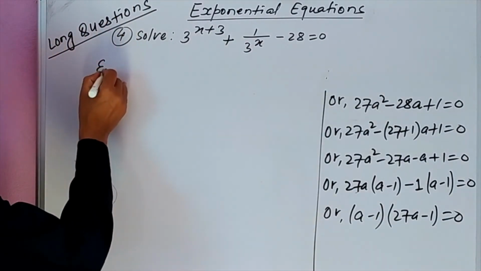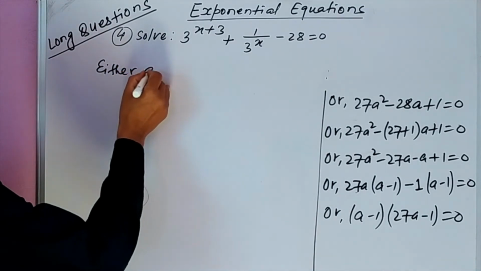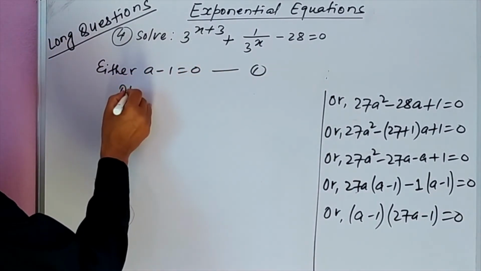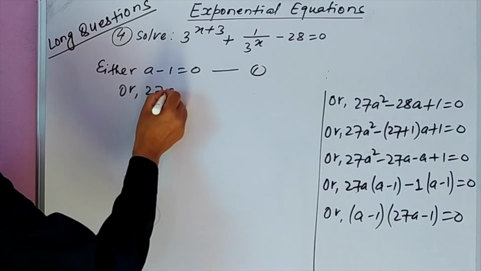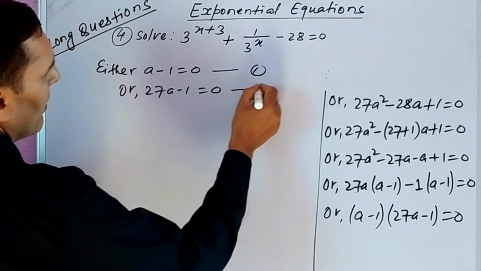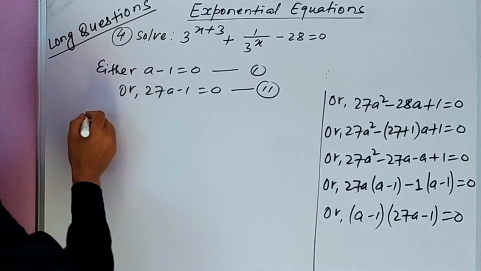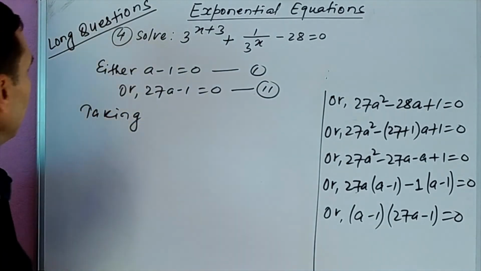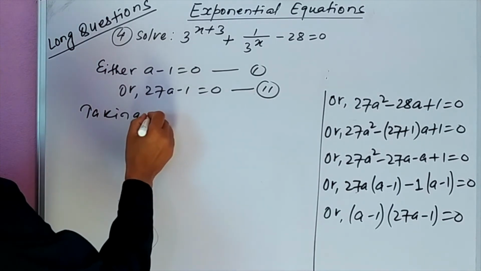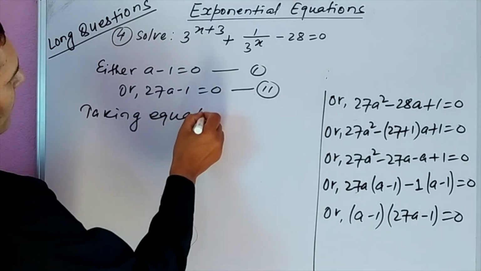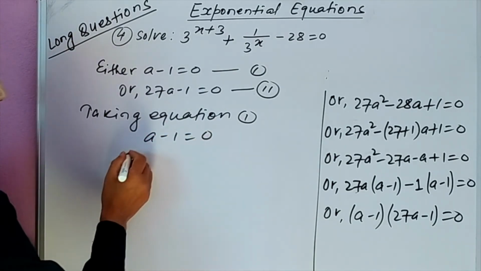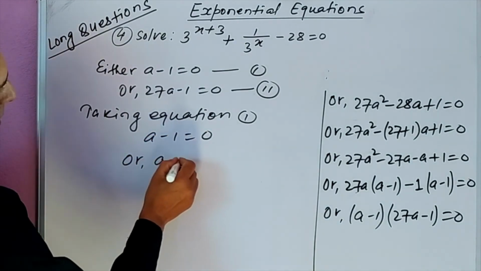So now either a minus 1 is equal to 0, this is equation 1, or 27a minus 1 is equal to 0, equation 2. Taking equation 1, we are following the same process for all the questions. Equation 1 is a minus 1 is equal to 0, so a is equal to 1.